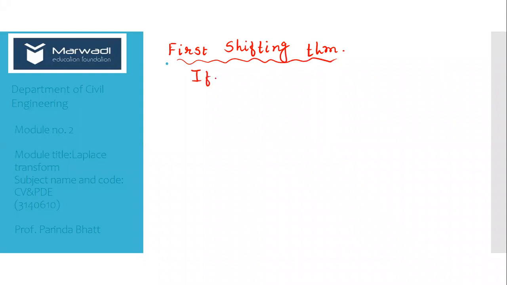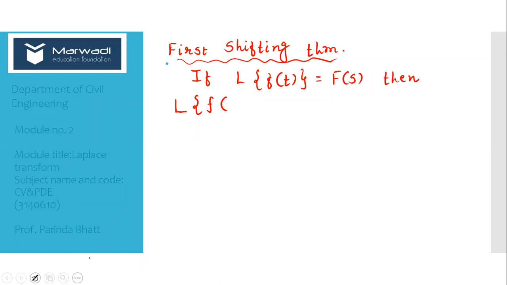If Laplace of f of t is equal to f of s, then Laplace of f of t multiplied with e raised to at or e raised to minus at.